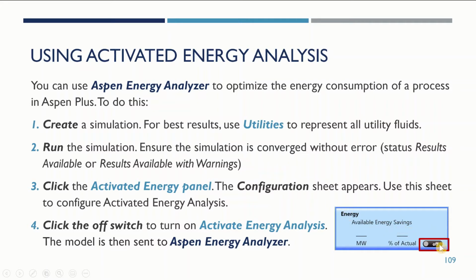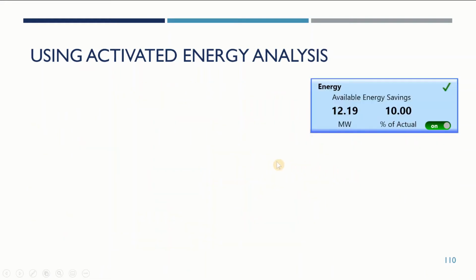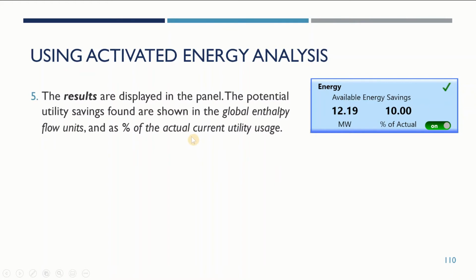The model is then sent to ASPEN Energy Analyzer to perform the energy analysis. The results are displayed in the panel, as shown here. The potential utility savings found are shown in two different forms. The first one is shown in the global enthalpy flow units, such as 12.19 megawatts.